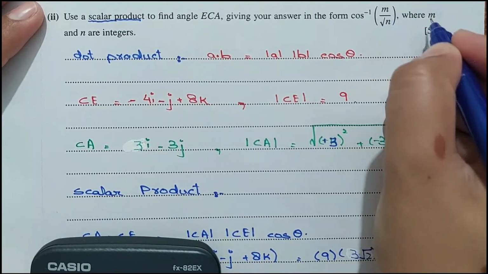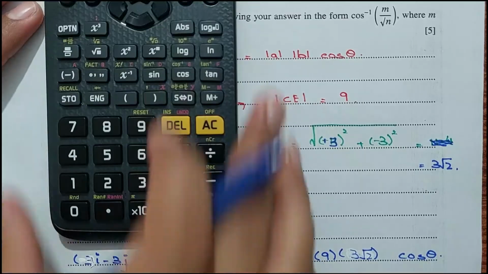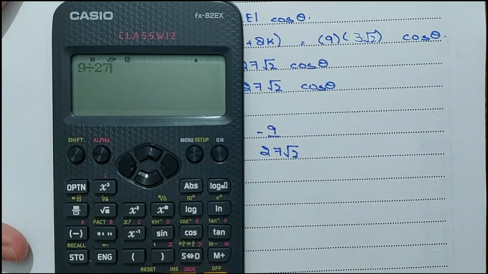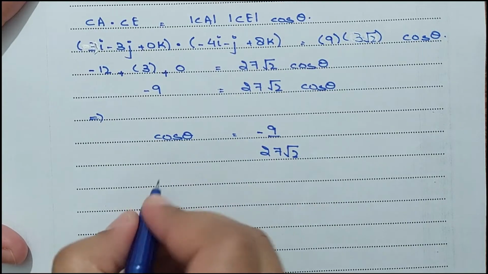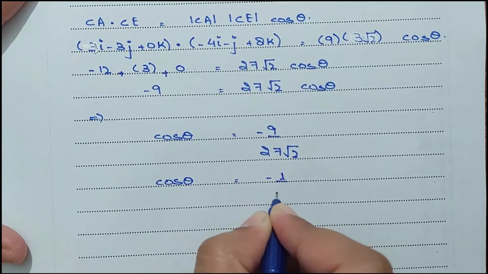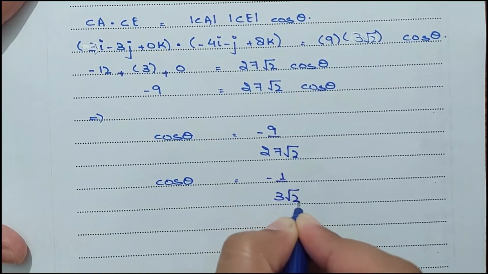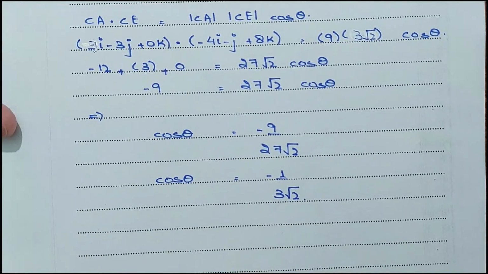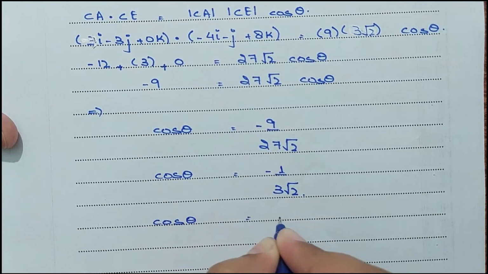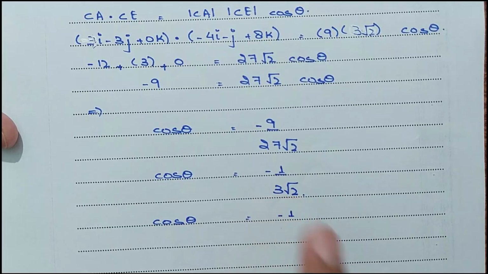Root should be in the denominator, m and n both are integers. Alright, so let me simplify. What is 9 over 27, which is 1 by 3. So this is cos theta equals minus 1 over 3 root 2.